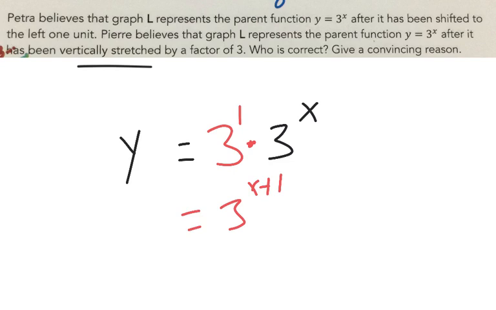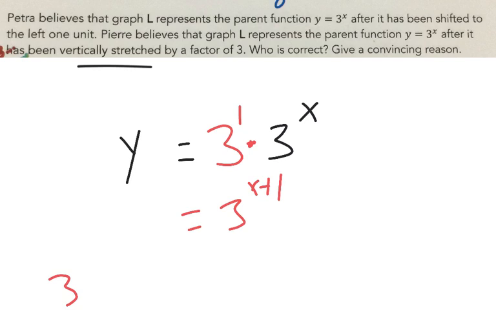What about what Petra was saying? How do we shift a graph left 1? So shifting left or right is by adding or subtracting where? On the outside or inside of the function? Inside. Inside affects x's. If I'm going left or right, that's changing the x's.